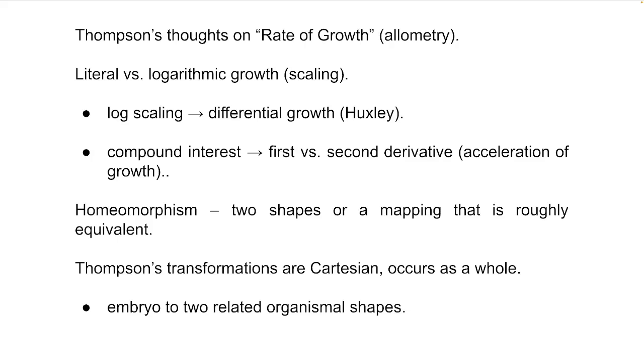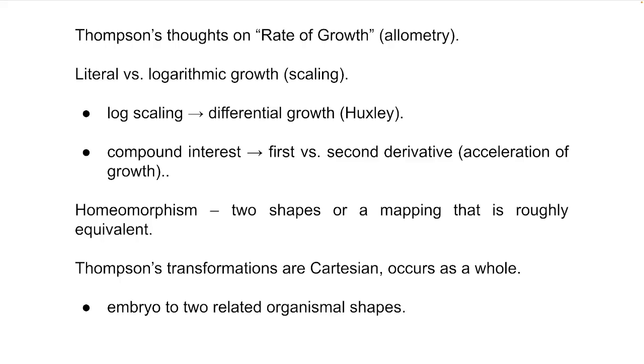It's almost like an economic metaphor, where you invest in some growth and then you get a return on that investment and you invest in more growth, and so on and so forth. And the way he would describe it, say in a bivariate context, was to have a first derivative versus a second derivative. The first derivative would be rate of growth. The second derivative would be acceleration of growth, kind of like the equations of motion. And then you could describe growth in that way.